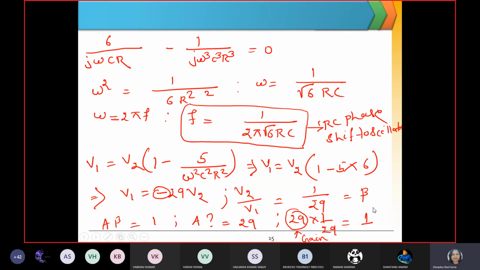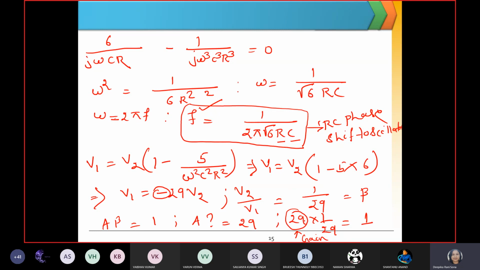Okay. It means here in the design of the RC phase shift network, we have seen that for a fixed range of frequency, which is given, F is equal to 1 by 2 pi RC. Suppose we are going to design for a fixed frequency, we have to get the frequency factor 1 by 2 pi RC. By selecting the proper values of R and C, we can achieve that desired frequency.